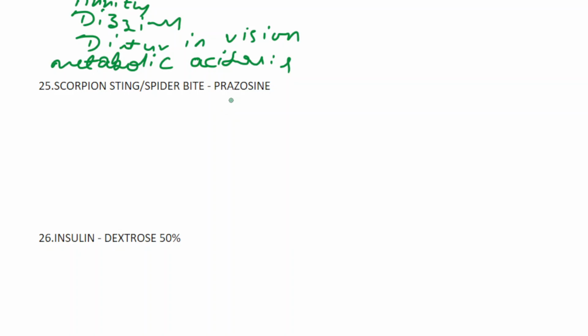It dilates the blood vessels and decreases the BP, because these stings cause vasoconstriction and increase blood pressure, and it reduces sympathetic nervous system activity. For scorpion stings, prazosin is the antidote.